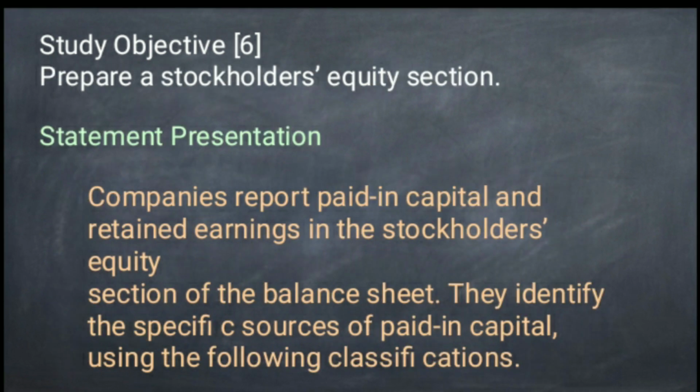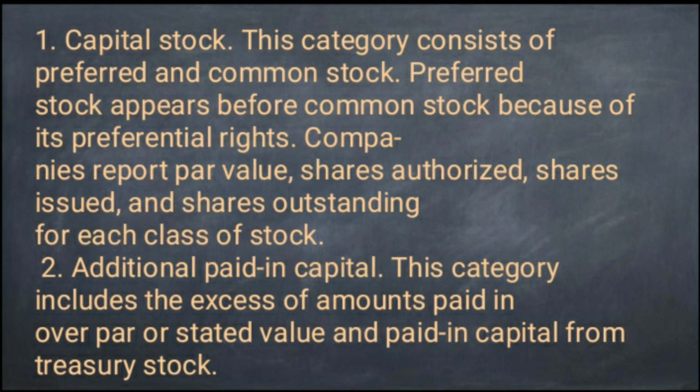Study Objective 6. Prepare a stockholders' equity section. Statement presentation. Companies report paid-in capital and retained earnings in the stockholders' equity section of the balance sheet. They identify the specific source of paid-in capital using the following classification. 1. Capital stock. This category consists of preferred and common stock.